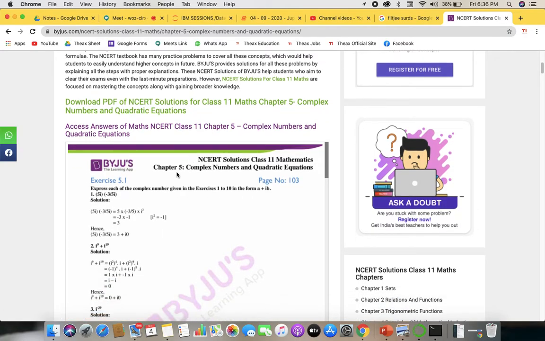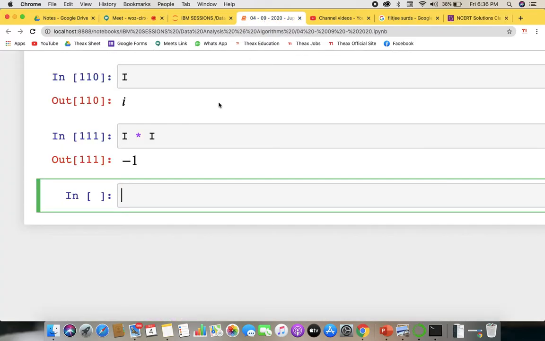So what's the value of 5i multiplied by minus 3 by 5i?